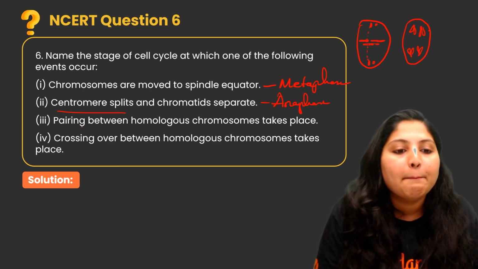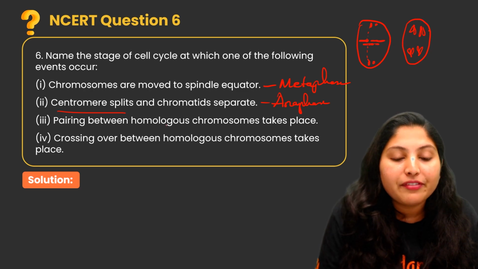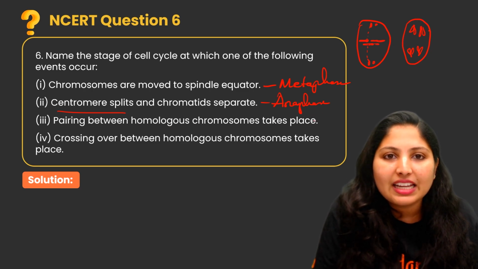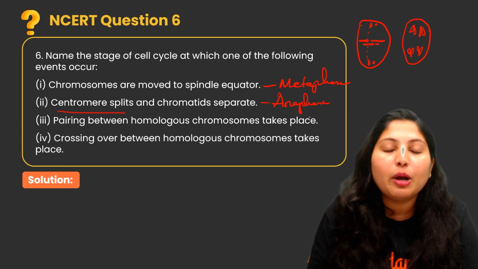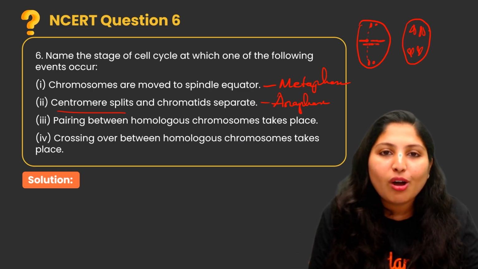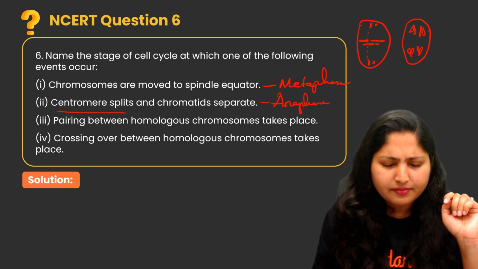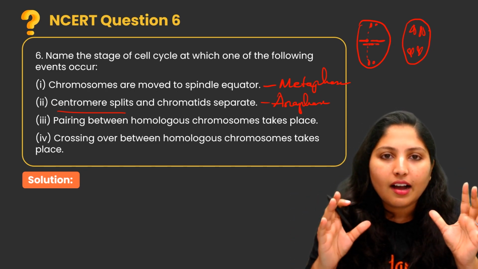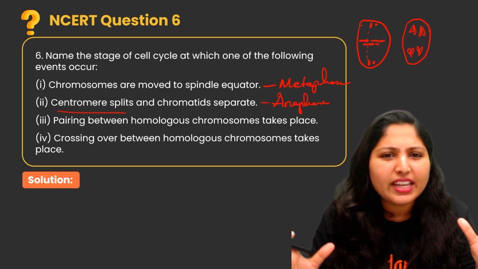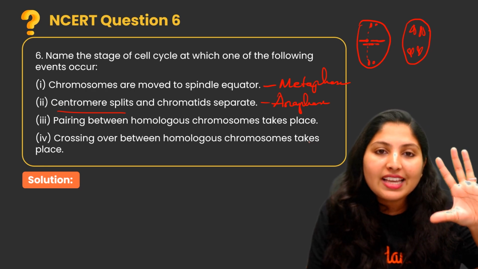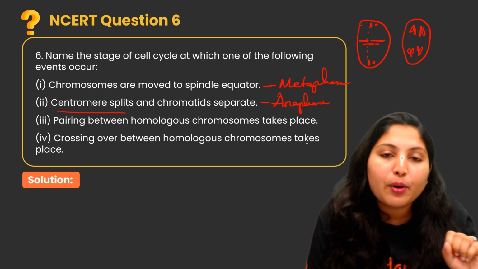The next one: pairing between homologous chromosomes takes place. So we are talking about meiosis. In meiosis, there is prophase 1 and prophase 2. Prophase 1 of meiosis 1 is very, very important, right? So what happens here? 5 substages happen in prophase 1.